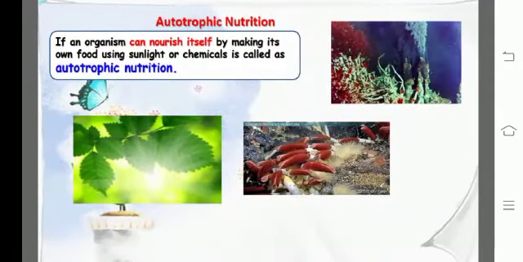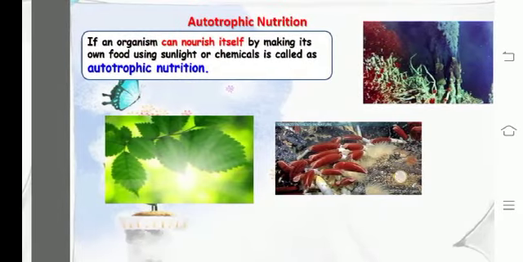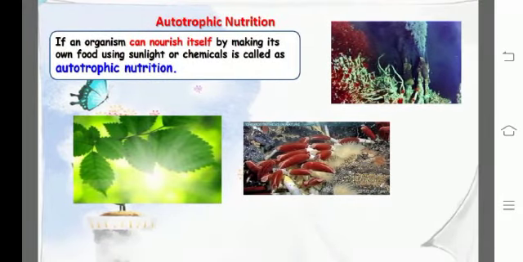Then autotrophic nutrition. If an organism can nourish itself by making its own food, normally plants, it is autotrophic. Will plants go to any job or to any shop to buy something and eat, no? They produce their food by their own, with the help of sunlight and chemicals.